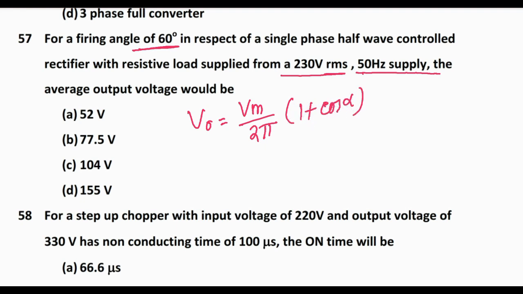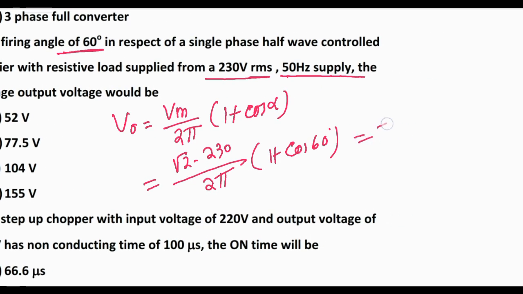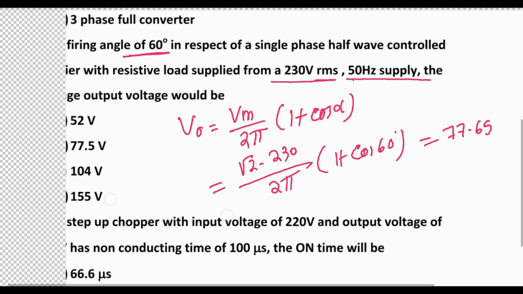This is very basic. What is Vm? Vm is root 2 into RMS value, so root 2 into 230 by 2 pi into (1 plus cos 60), and if we calculate this, this will be 77.65.